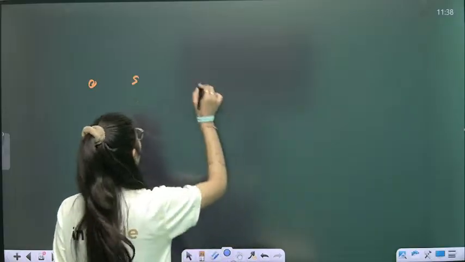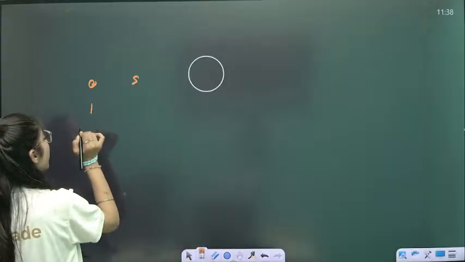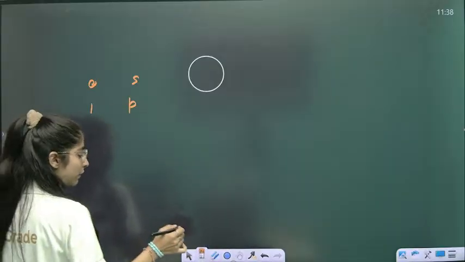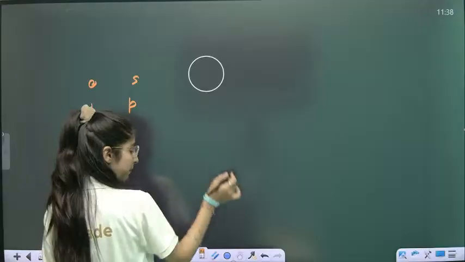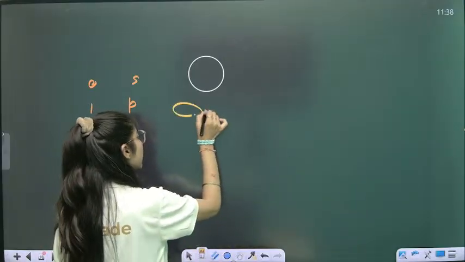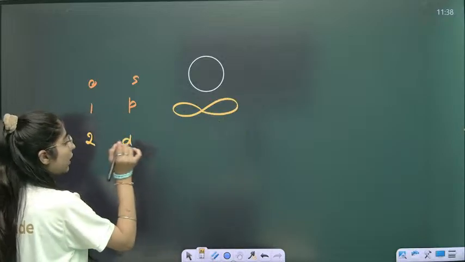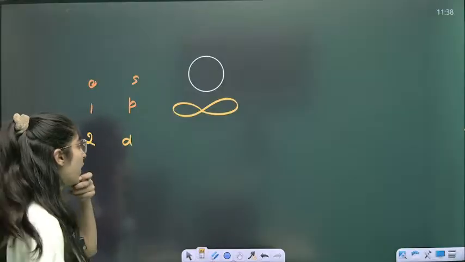For 1, this is your P, and the shape of the P orbital will be like this. For 2, this is your D, and we will see the shapes of the D orbital.